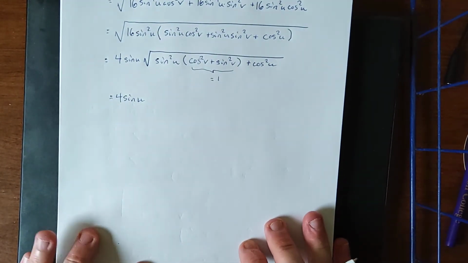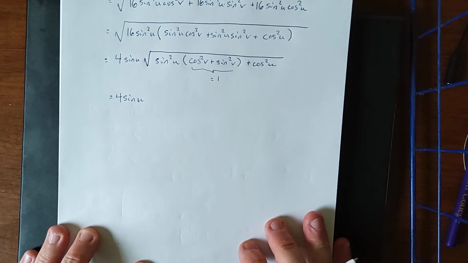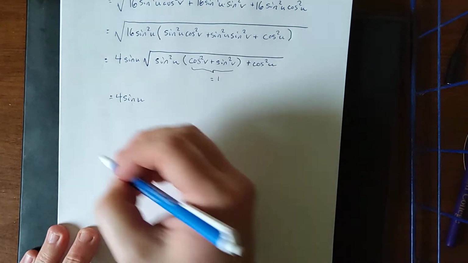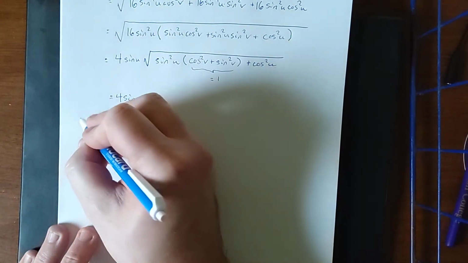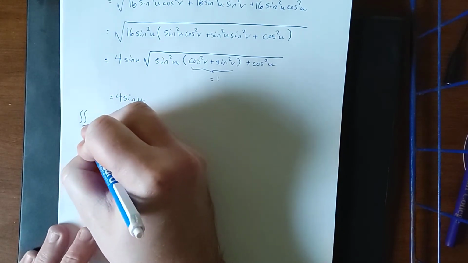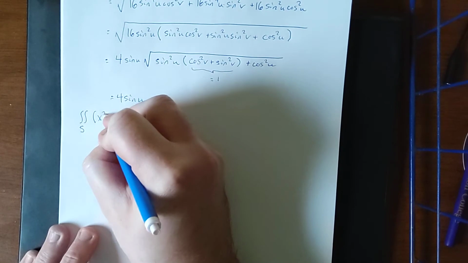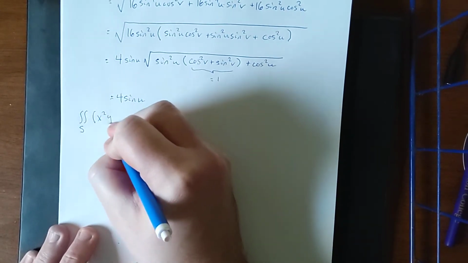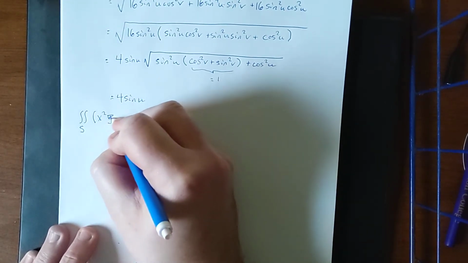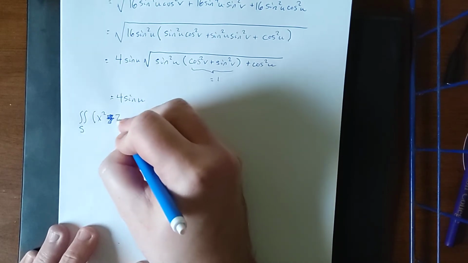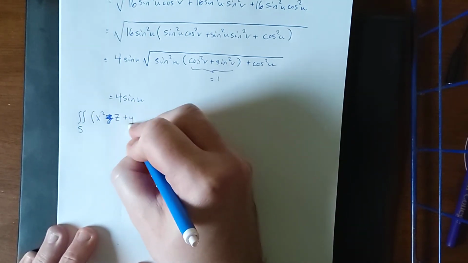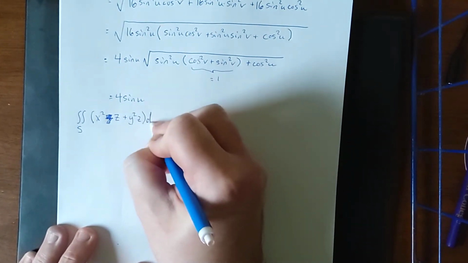Now, one other thing that I'd like to do to make this process a little bit easier on us is, actually we'll do that when we're setting up the integral. The original surface integral that we had was the surface integral over the surface S of x squared z plus y squared z dS.